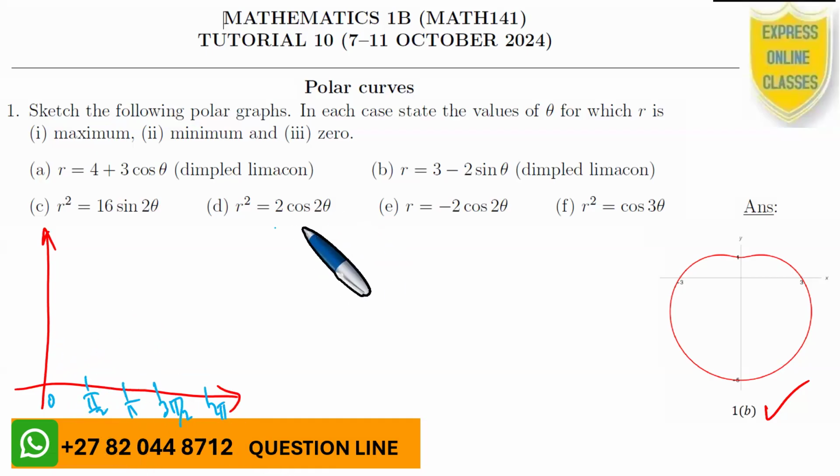At 0, the B is going to be a 3. At pi over 2 it is 1. At pi, it is 3, because the sine of 180 is 0.